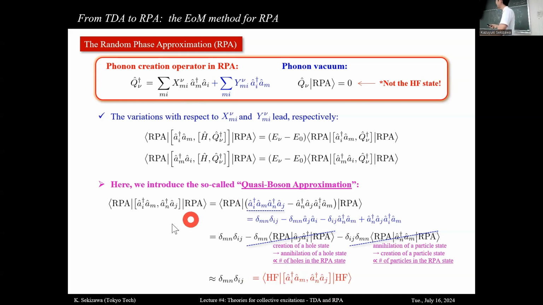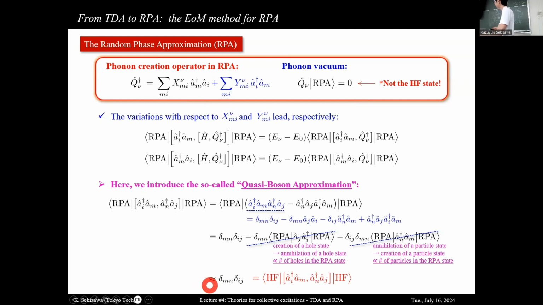And with the RPA state, neglecting these additional terms, you can assume that this expectation value becomes the same as for the Hartree-Fock state. So it makes the equation much simpler, and it makes a similarity with Hartree-Fock states.